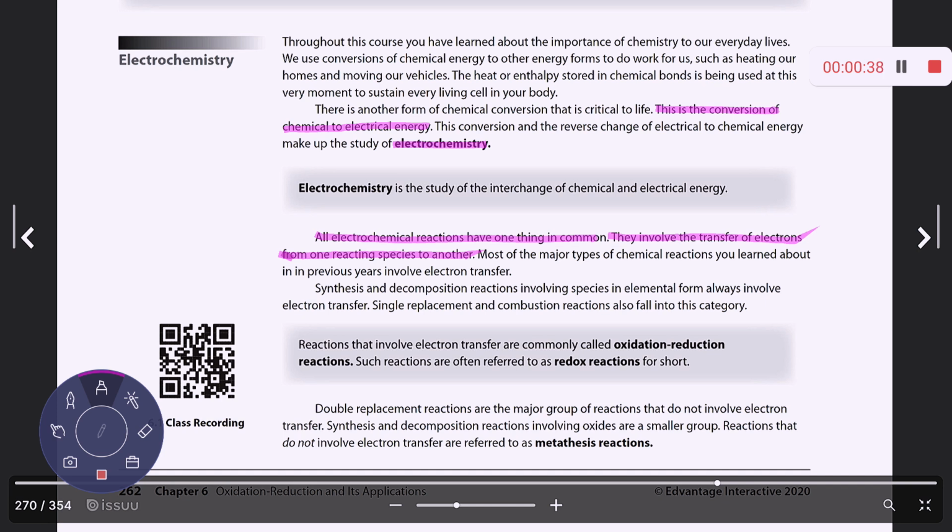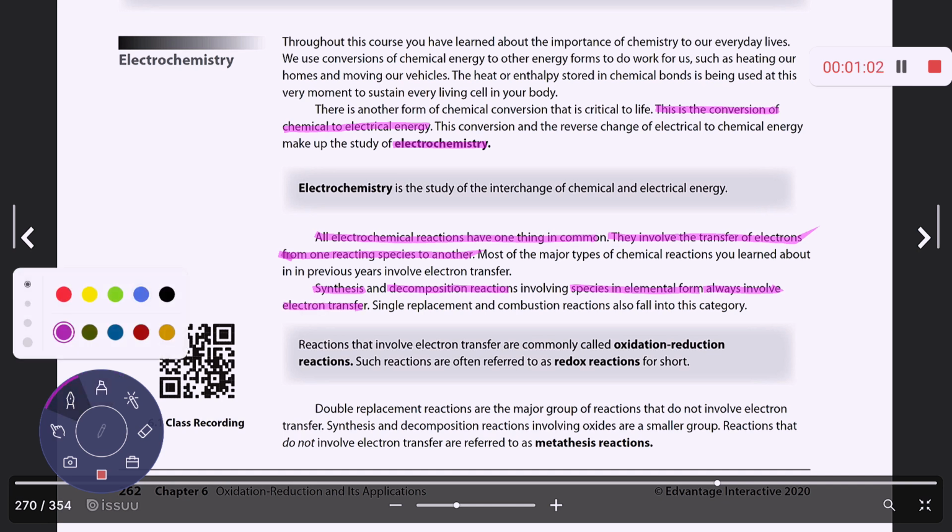Some of the major categories of chemical reactions automatically transfer electrons. For example, synthesis and decomposition reactions that have substances in elemental form. That means if you've got like pure sodium, pure oxygen, pure calcium, then they will always involve an electron transfer.